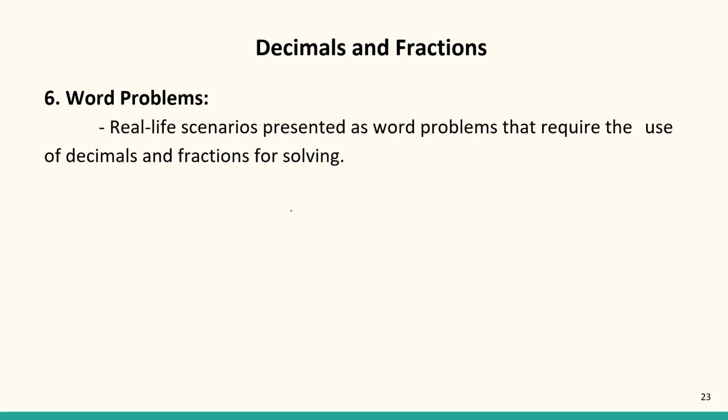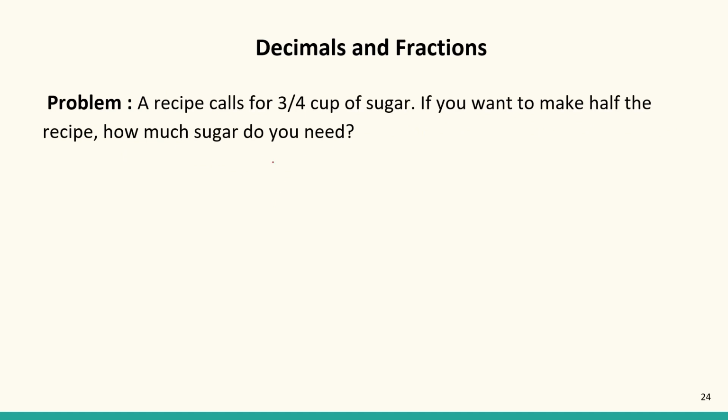So the sixth kind of problem is word problems. Let's see an example. A recipe calls for 3 by 4 cup of sugar. If you want to make half of the recipe, how much sugar do you need?